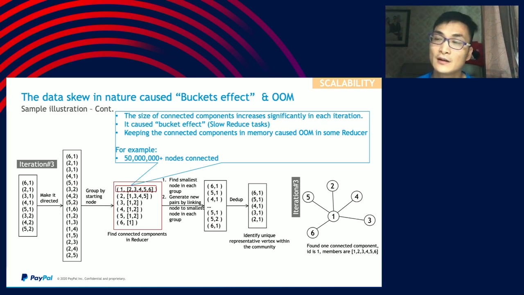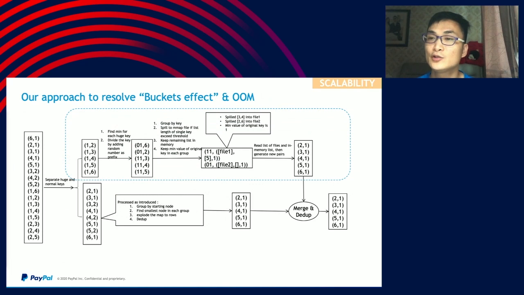Okay, next let's introduce our approach to resolve this problem. Basically, we did 3 things to resolve the problem. The first one is to separate the keys into normal keys and huge keys. We have set a threshold for this. The second one is splitting the huge keys into multiple parts by adding a number as a prefix of the key.